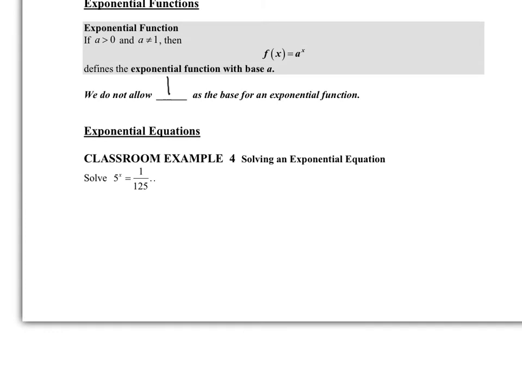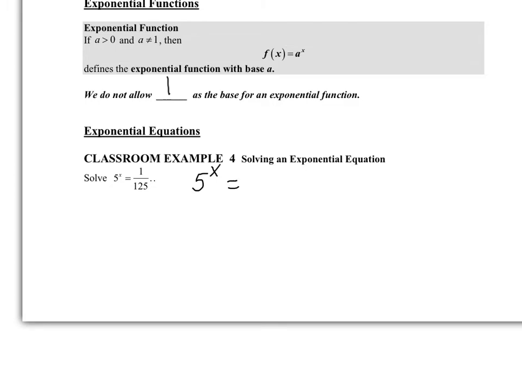Now, in order to solve this, we have an exponential equation that's very similar to what you would see if you looked at those examples that we practiced solving in the review for exponential and logarithmic equations. The idea is that I want to rewrite this, hopefully, so that I don't have any fractions.